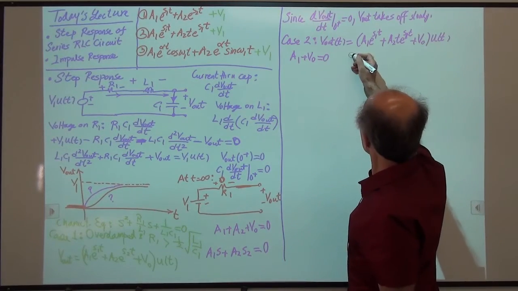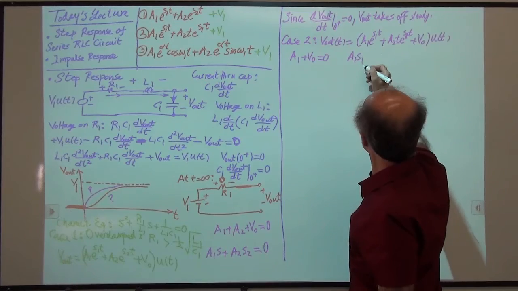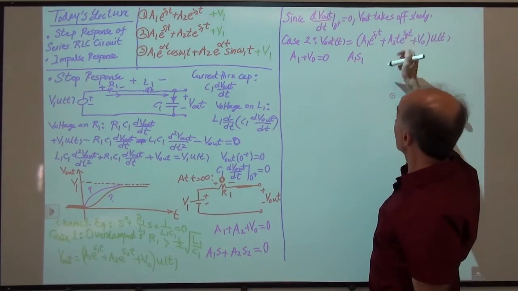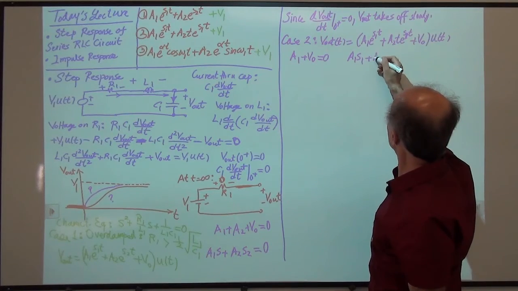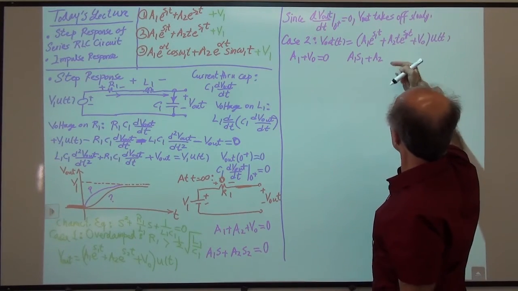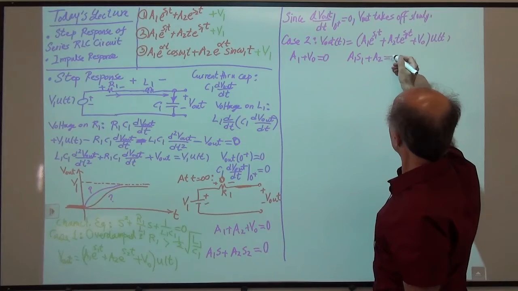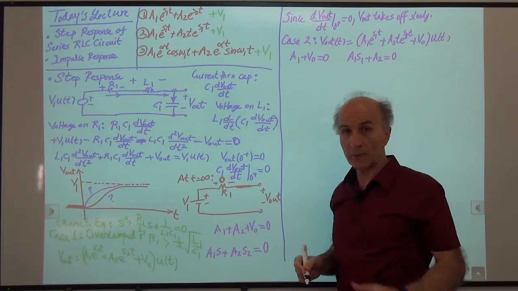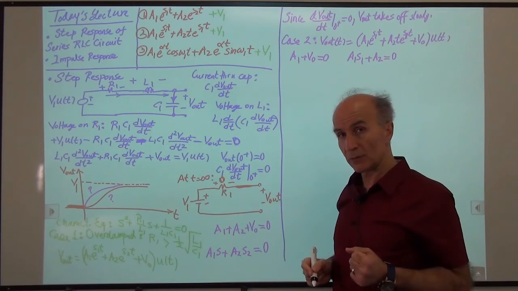Taking the derivative of this gives us A1 S1. Then we have the derivative of t times this, so that would be plus A2. The other terms go to 0. That has to be 0. So from these two we can find A1 and A2.